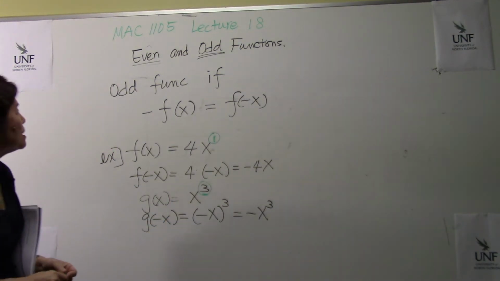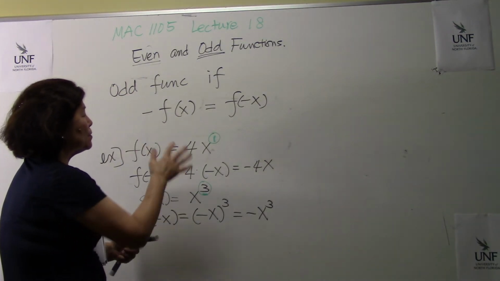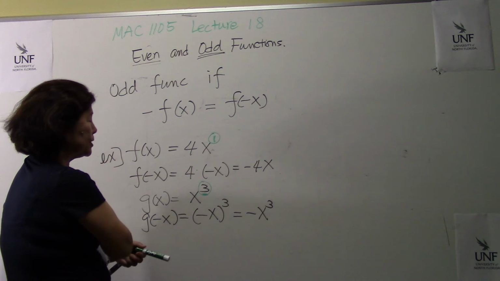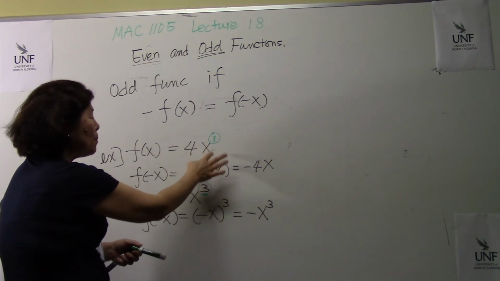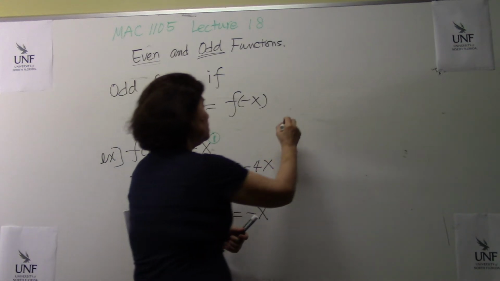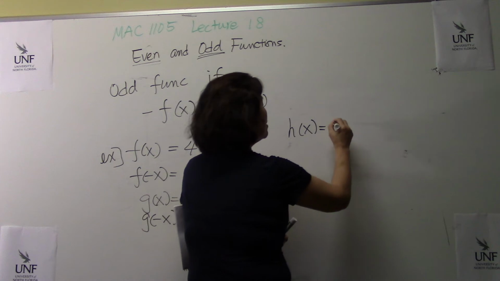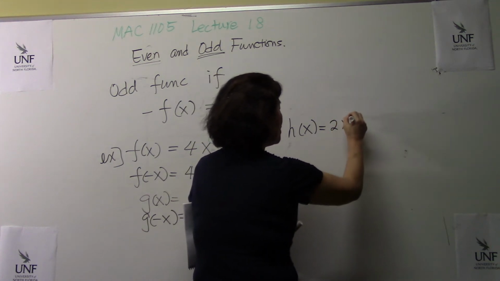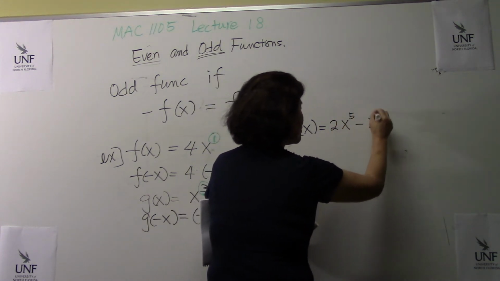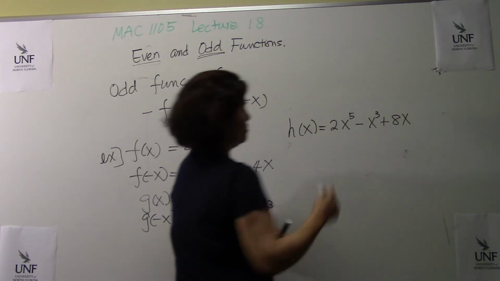So I can summarize this. An odd function is like, when you have a polynomial function, all the powers of x are odd numbers. So for example, I'm going to set up this one as 2 times x to the 5th minus x cubed plus 8x.